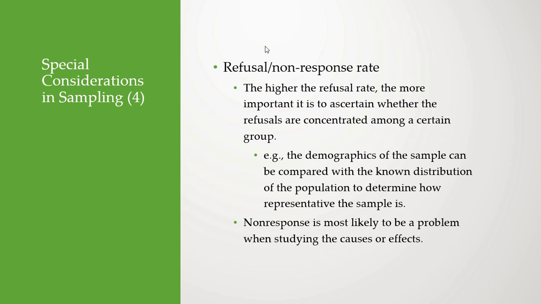Even if you started with a probability sample that was intended to represent the population, when the refusal or non-response rate is high, the actual sample you end up with would not be representative of the population because those who completed the survey were self-selected to participate in the study. You can gather information to see whether the refusals are concentrated among certain groups.